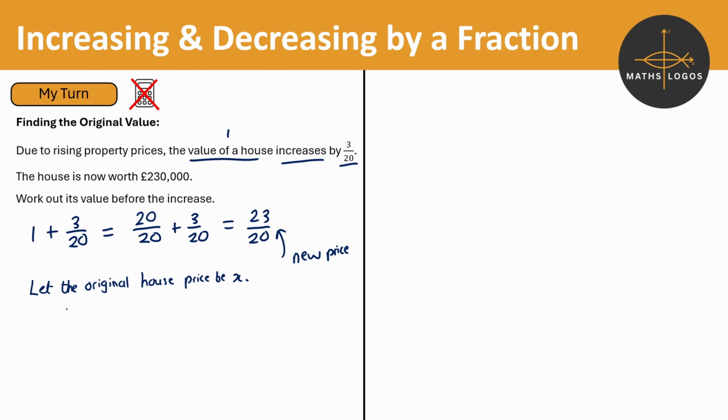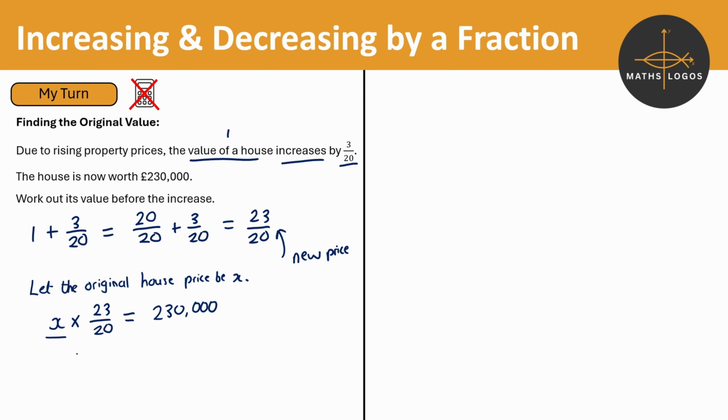What we know is that the original house price multiplied by 23/20 is equal to the final house price of 230,000. And the reason we can say that is because this 23/20 represents the 3/20 increase. So we've taken our original house price, we've increased it by 3/20, which is equivalent to this fraction, and that's given us the new house price.